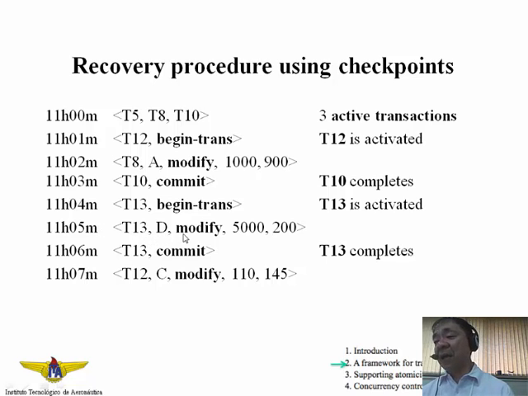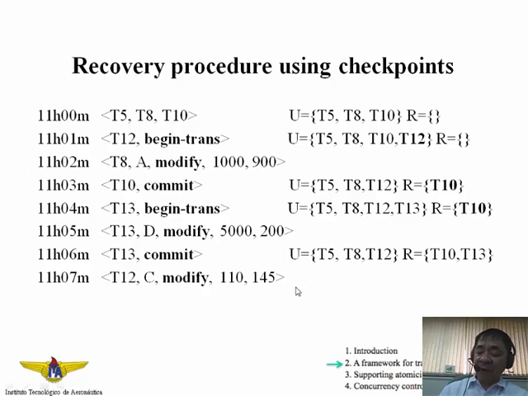At 11:05, transaction 13 modifies the record G from 5,000 to 200. At 11:06, transaction 13 commits. Transaction 13 completes. At 11:07, transaction 12 modifies the record C, the value from 110 to 145.